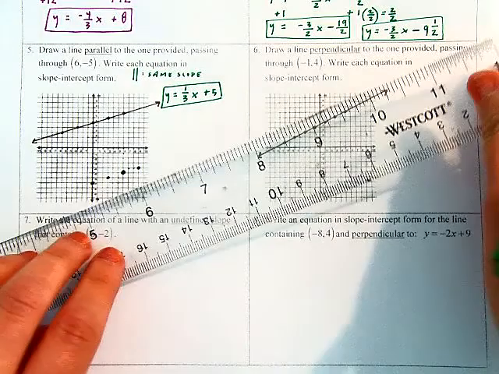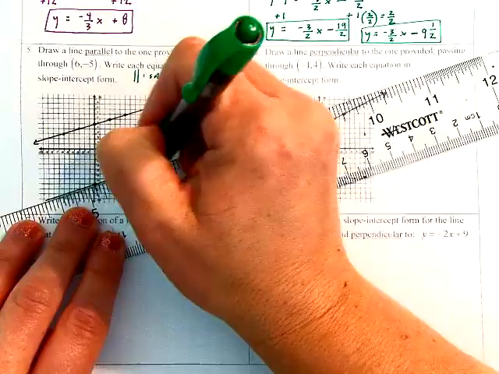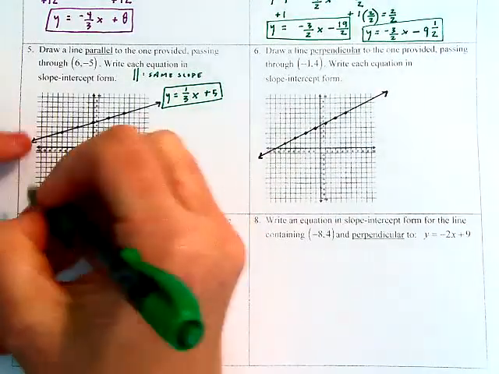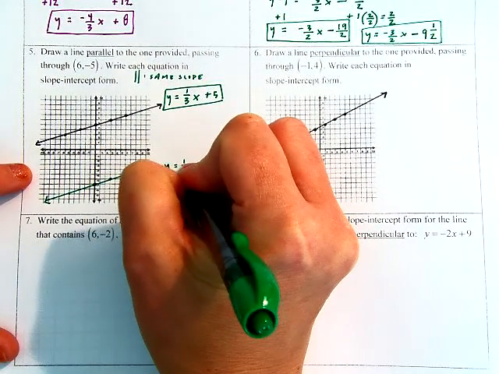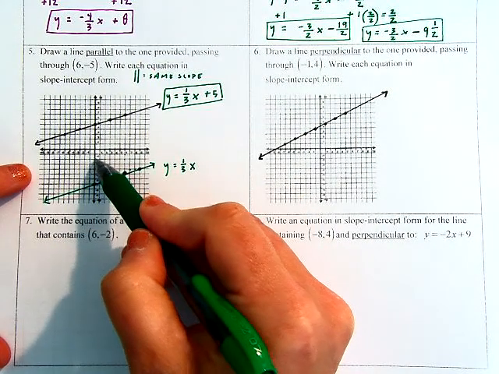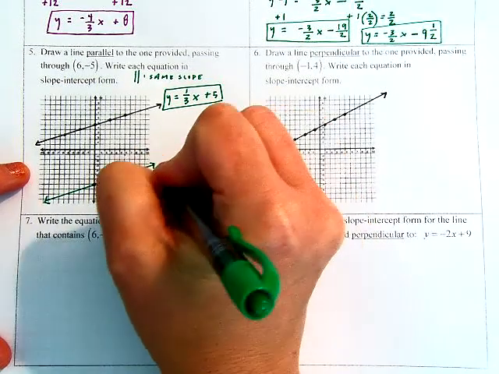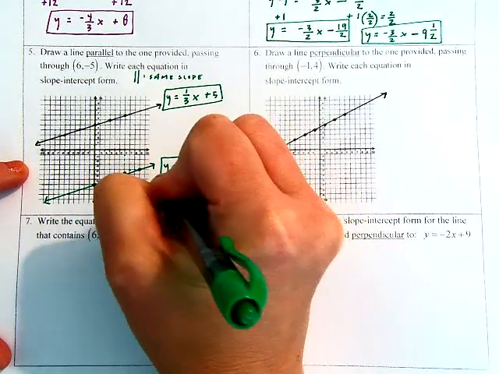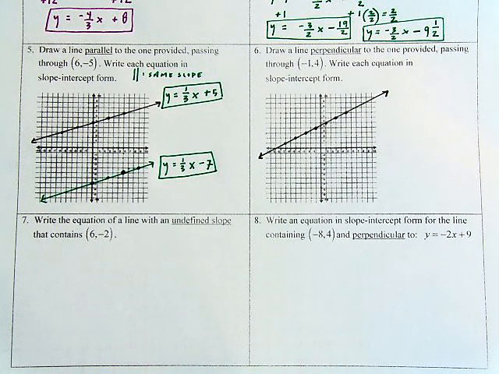So I know my y-intercept, I can see it, just like so. So that second equation would be y equals 1/3 x. And then here I just count down 1, 2, 3, 4, 5, 6, and 7. Down 7. So remember that whenever we have parallel lines, they never intersect because they have the same slope.